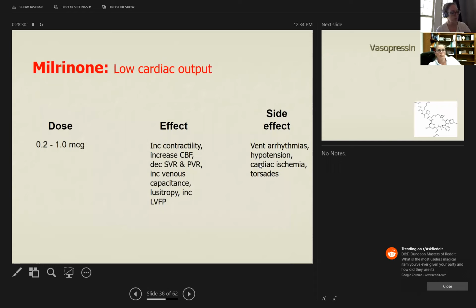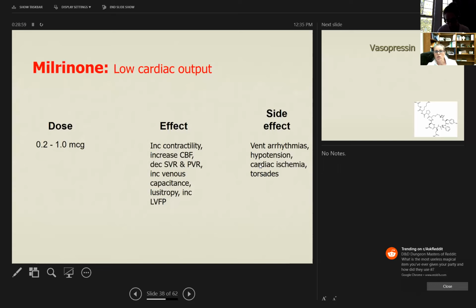So we're going to use milrinone primarily in the settings of low cardiac output to improve contractility, coronary blood flow, to decrease systemic vascular and pulmonary vascular resistance, to improve lusitropy and ventricular filling. Now, you can get a lot of hypotension with this, so you want to be careful.